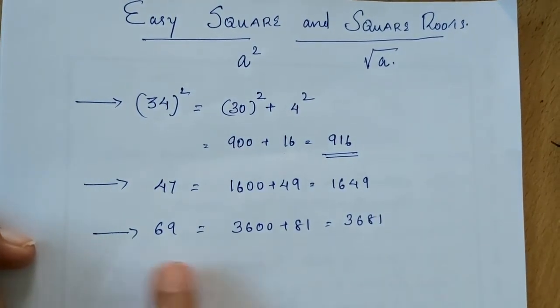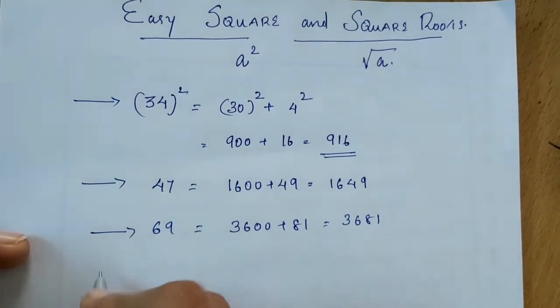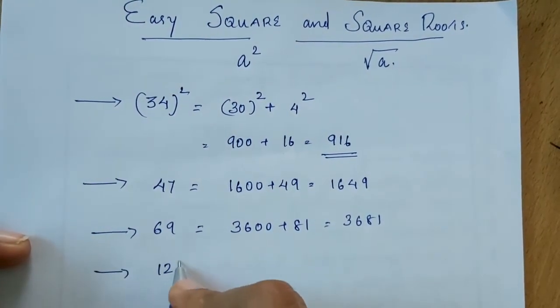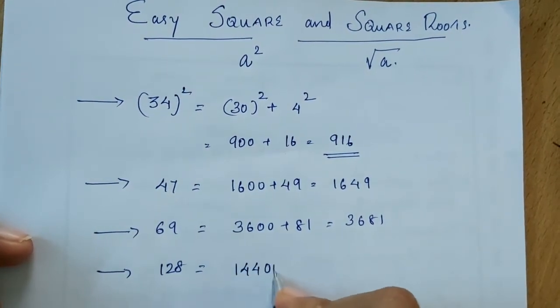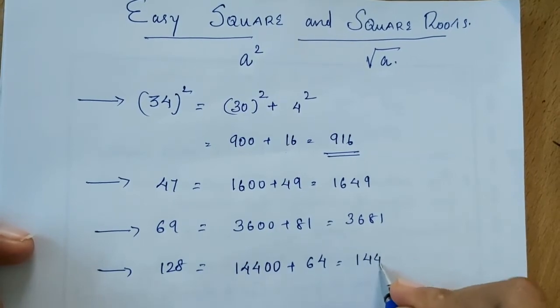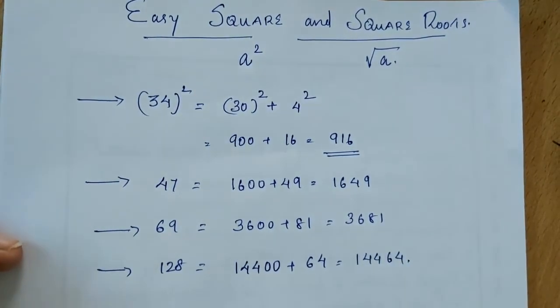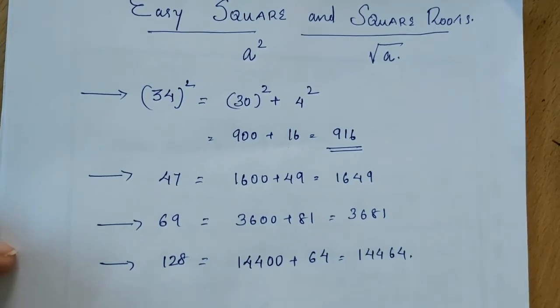This is comparatively simpler than our traditional method. Next one, 128: 14400 plus 64, which is equal to 14464. Okay, this is a method to find squares of a number.